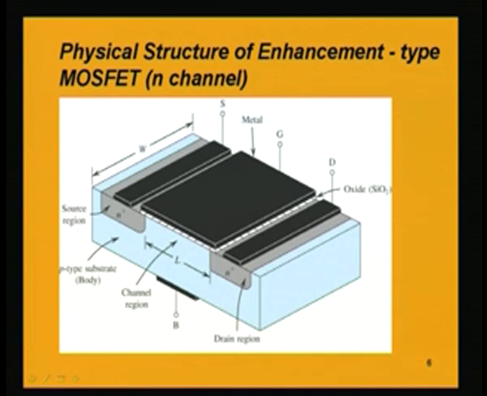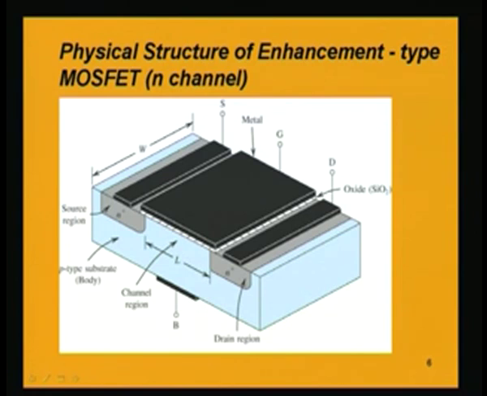Now, in this diagram what we see physically is 3 regions: one is the P type, and the other 2 are the N type regions.